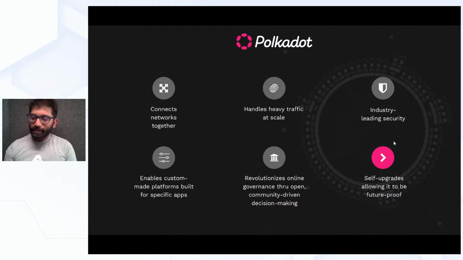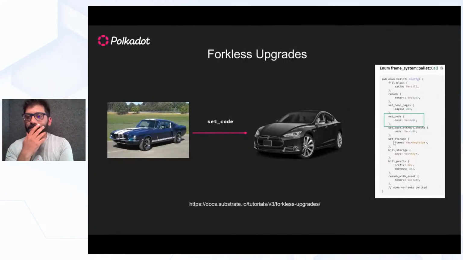Okay, and here is my most favorite feature of Polkadot, which is self upgrades or forkless upgrades. It's almost like magic, if you ask me. Meaning, you can start with a blockchain that looks like this, that could have functionalities like this, and then just with an extrinsic, meaning these transactions that you can submit as a user to the blockchain network, right?